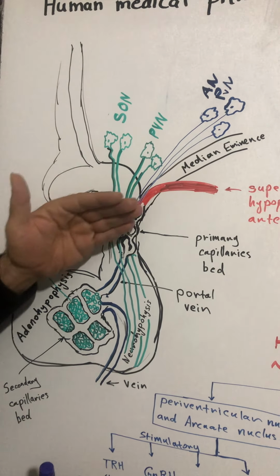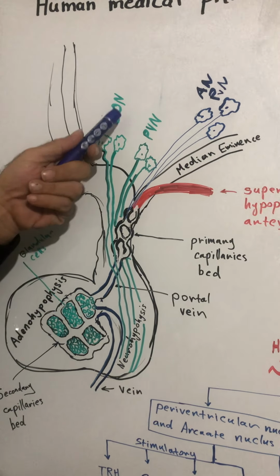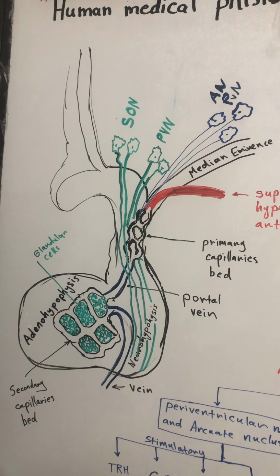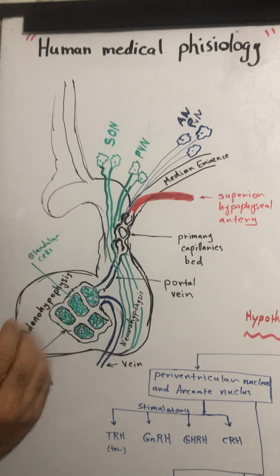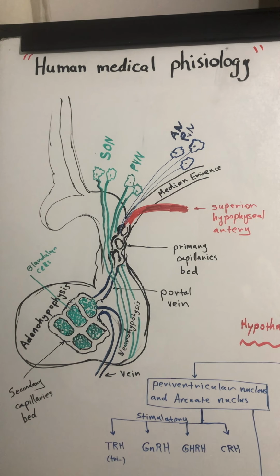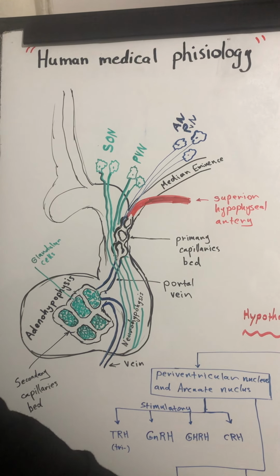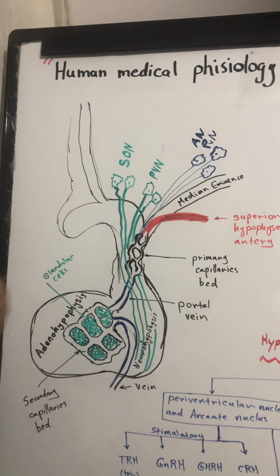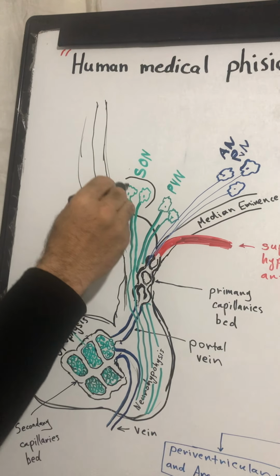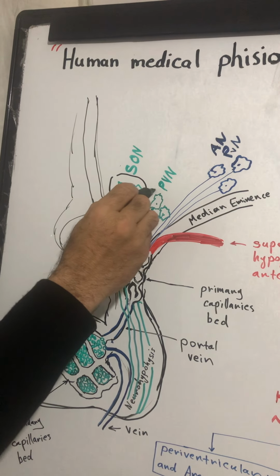But let's talk about the other form of connection between the hypothalamus and the pituitary gland. The other form of neurons found in the hypothalamus, which are larger in size, are found in two hypothalamic nuclei, which are the supraoptic nucleus and the paraventricular nucleus.